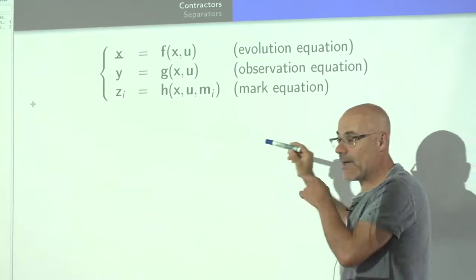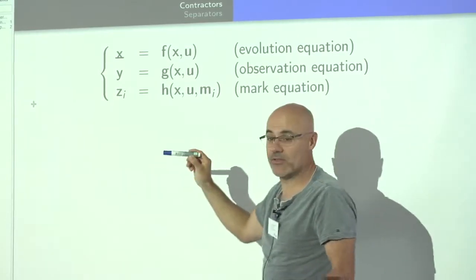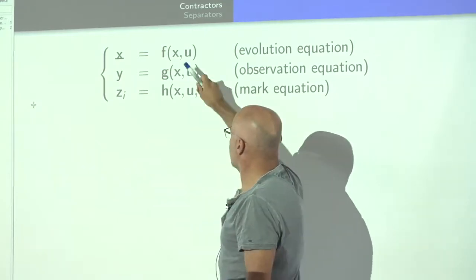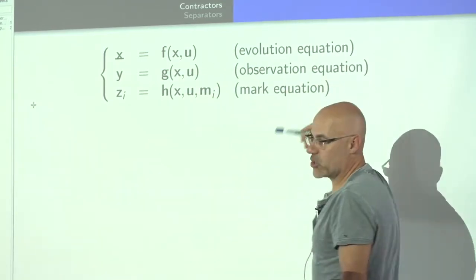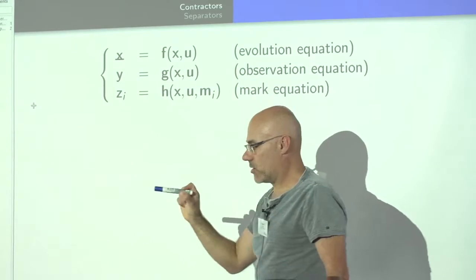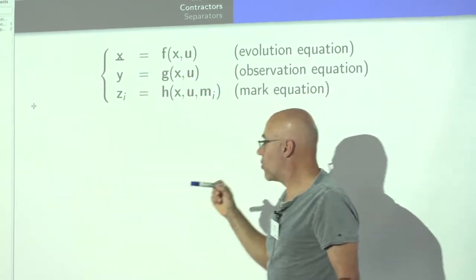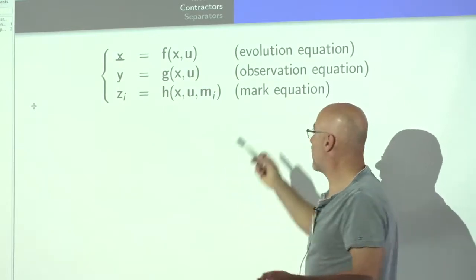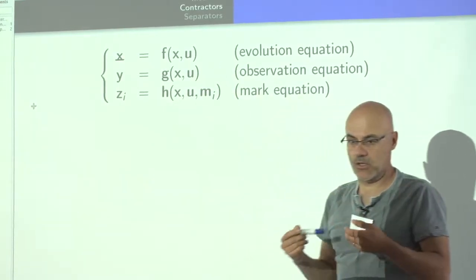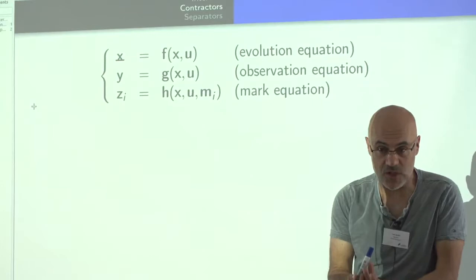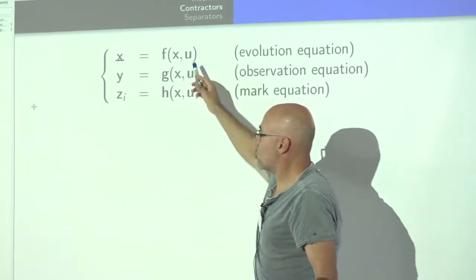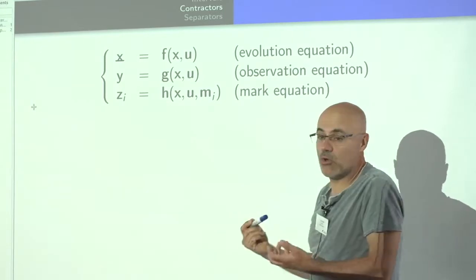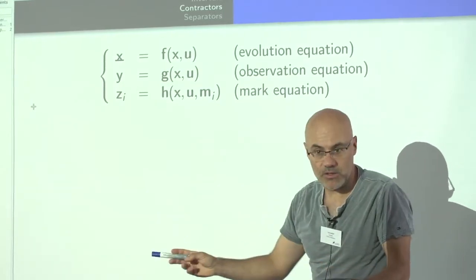So he has an approximation of its position using the evolution equation, the state equation. And if you use only the evolution equation, which can be obtained by measuring the speed and the attitude thanks to an inertial unit, it is an estimation which is called a dead reckoning method.